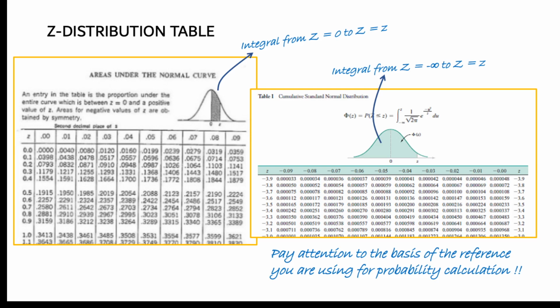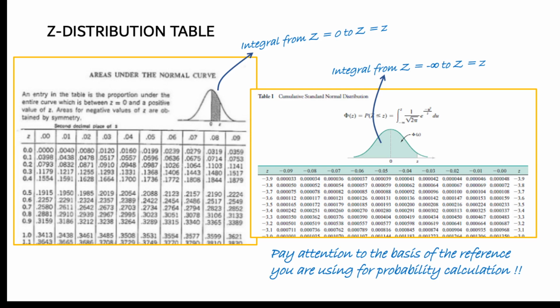The Z distribution table is one of the standard appendices of statistics textbooks. Here we can see two examples of copies from two different books. The numbers in the body of the table represent the probabilities. The leftmost column represents the value of the z variable to the first decimal, and the top row represents the second decimal of the z value.